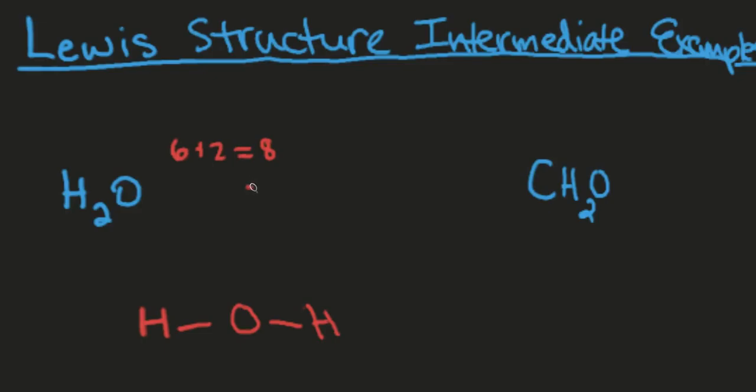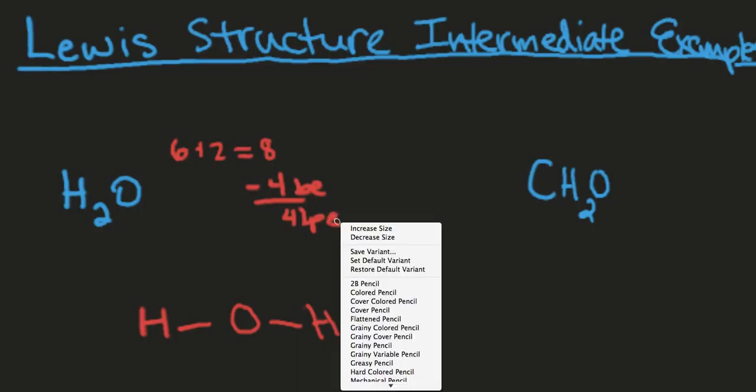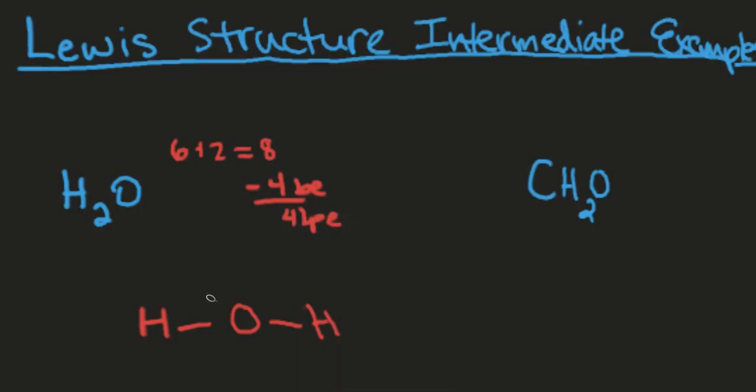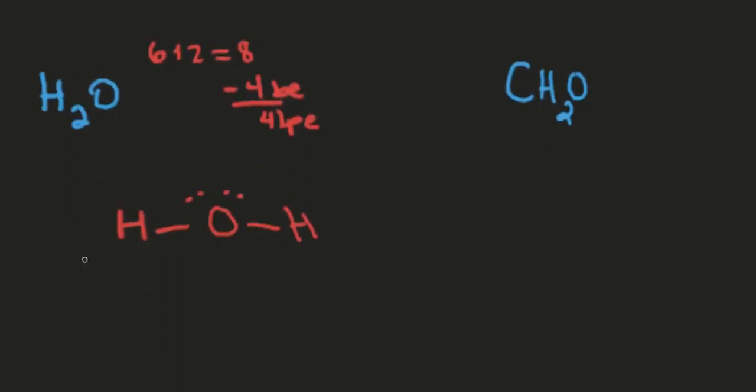If you subtract the 4 bonding electrons you just drew, you should be left with 4 lone pair electrons. Where is the only place we can put these lone pair electrons? Around the oxygen. Okay? So that would be a valid structure.